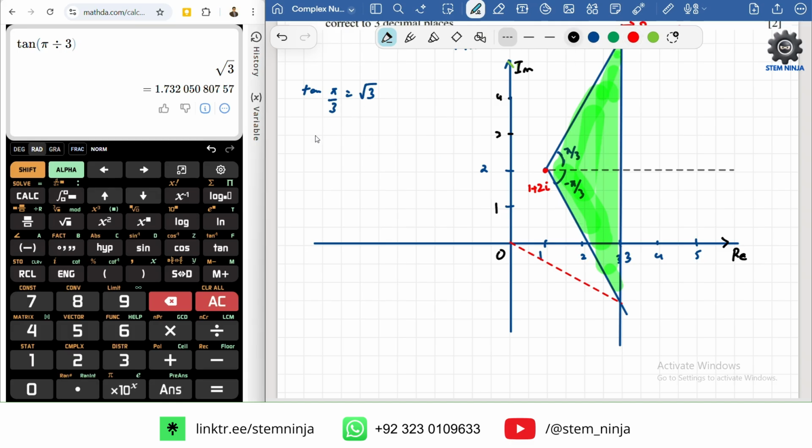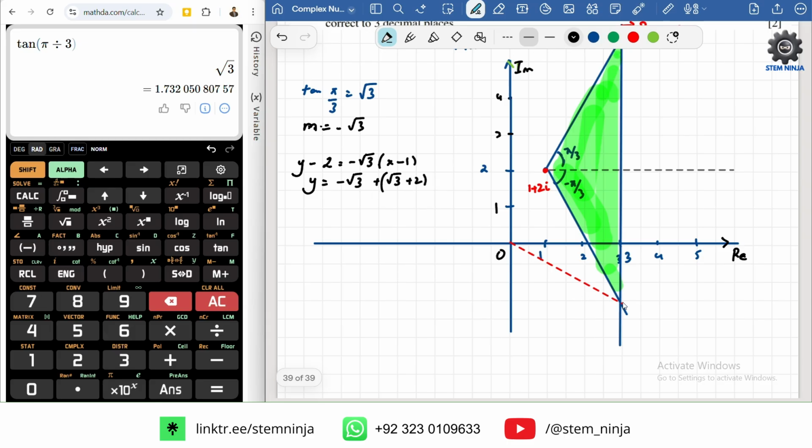So we already have the gradient, so that m would be minus root 3, and it's passing from 1 comma 2, so y minus y1 equals to m x minus x1, so x minus 1, right? So this is your y equals to minus root 3x plus root 3 plus 2.